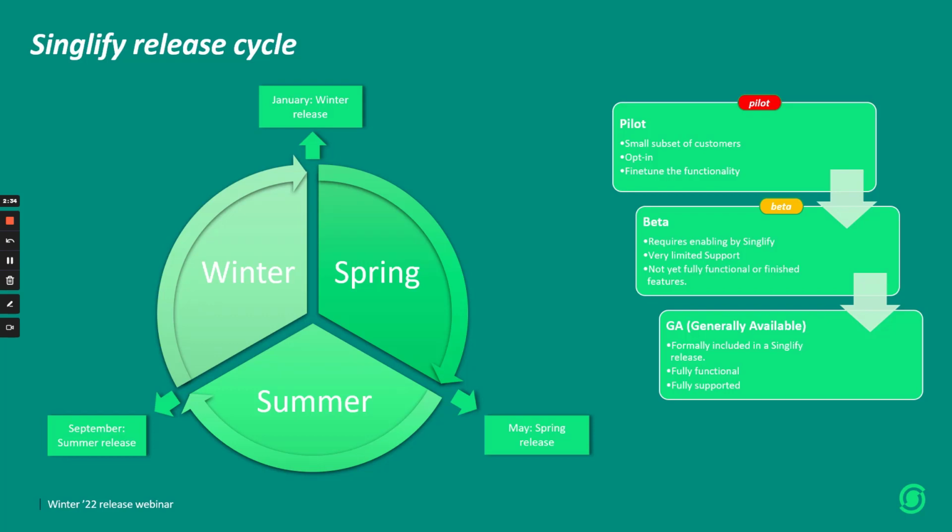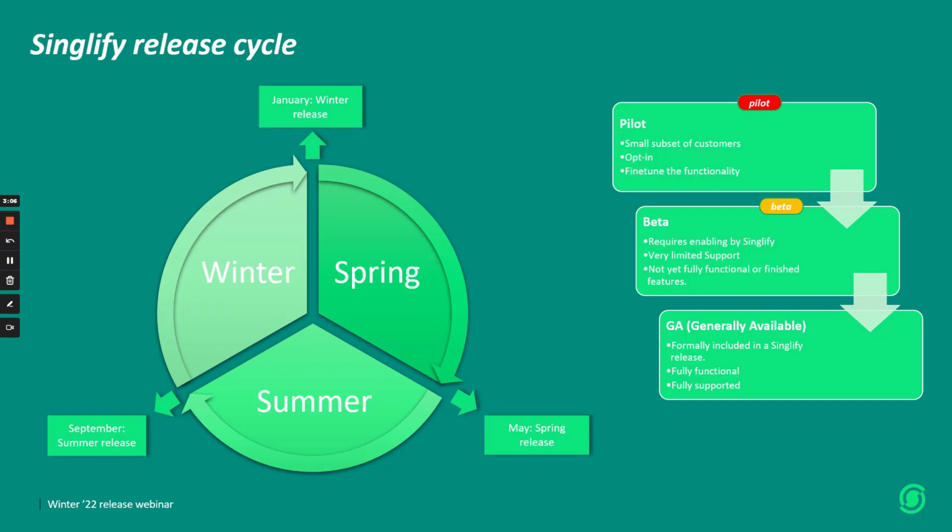When we release new software, there are 3 different statuses that the software can have, which you can see at the right side of the screen. We have software that's in pilot, with functionality that's in beta, and most of the functionality is in GA, as we call it, which means it's generally available to everybody. Let me give a short explanation of these statuses, because you will see them coming back later in the presentation.